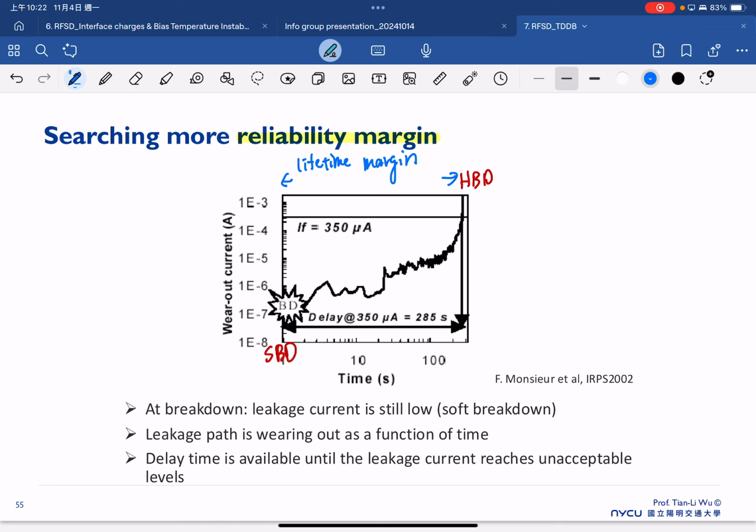So that's the purpose: to give us some lifetime predictions. In most cases, once we see the soft breakdown happen, because the leakage current is still very low, the device is actually still functional.